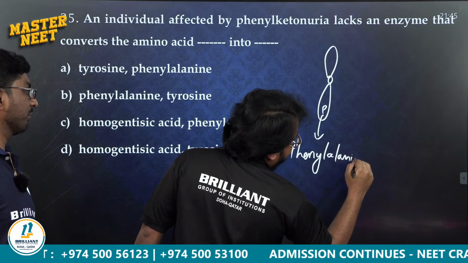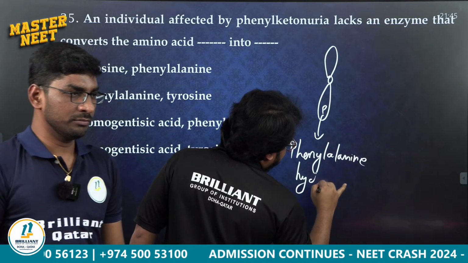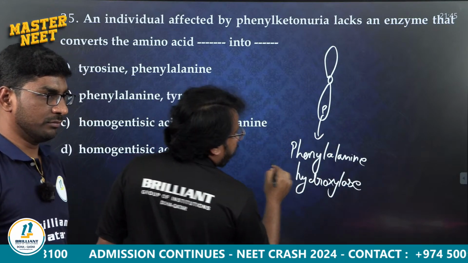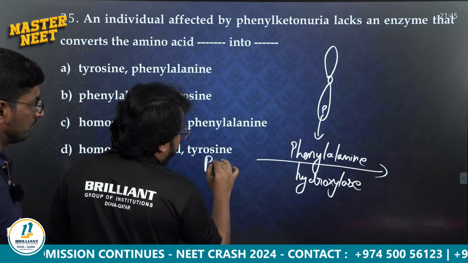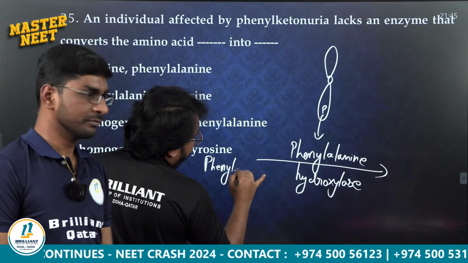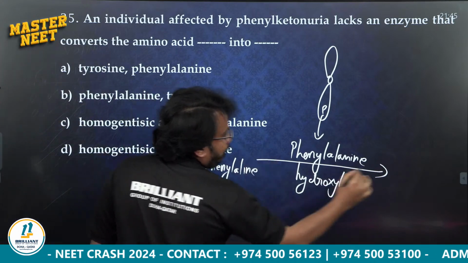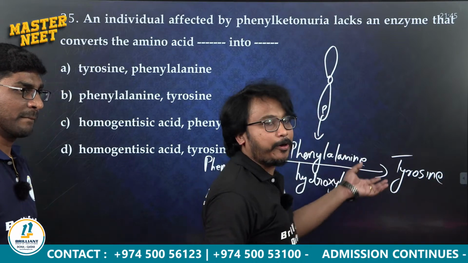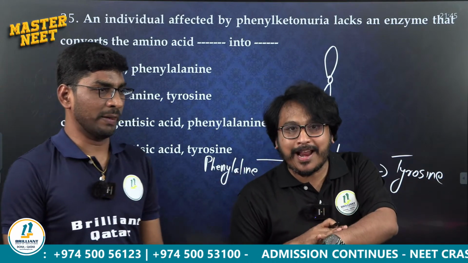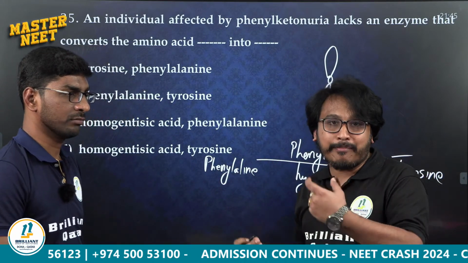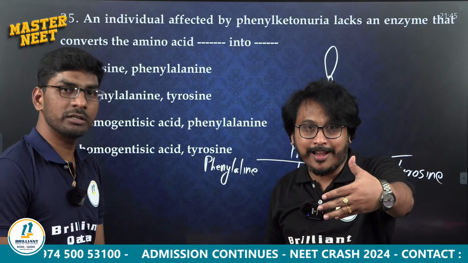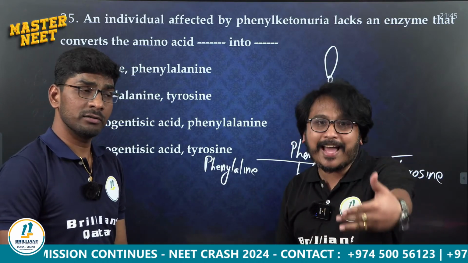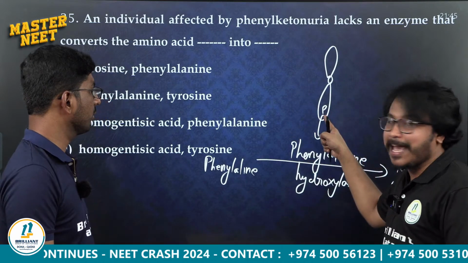It converts the amino acid phenylalanine into tyrosine. And tyrosine is involved in the production of what? The skin pigment melanin, and tyrosine combined with iodine forms thyroxine, and also adrenaline formation. Many hormones and characters depend on this capital P.